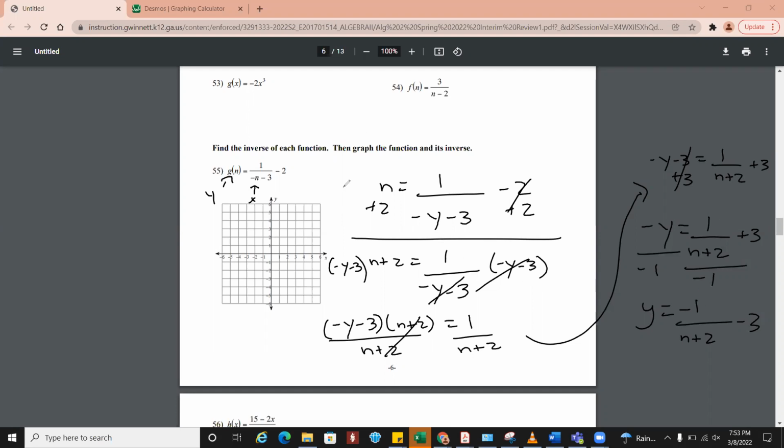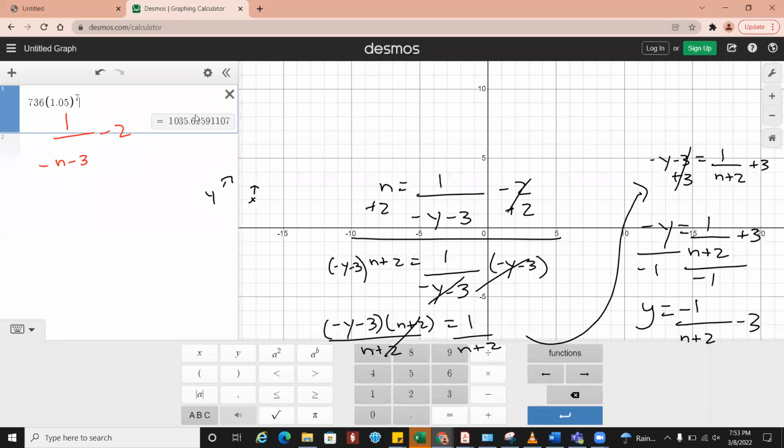Okay, so I'm going to graph both the original equation and then its inverse. I'm going to show you what I mean by it reflecting across that line. So give me 2 seconds. Okay, so I'm going to graph both of those in Desmos. Instead of using n, you're going to use x though, so when you type this in, just be mindful of that.